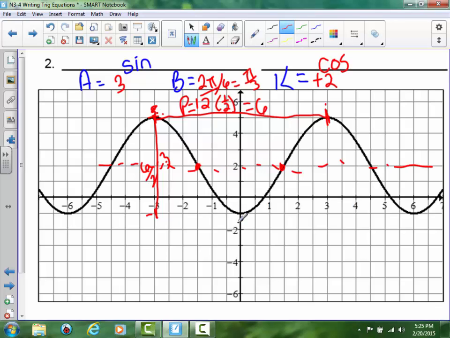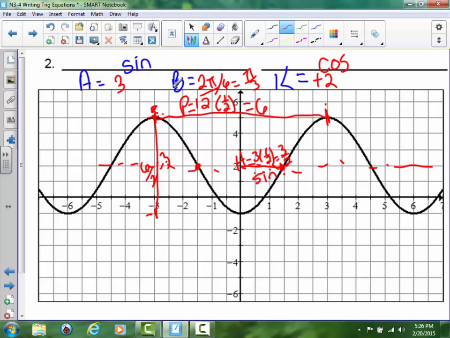So since I went to the left last time, I'm going to go to the right this time. All right, so from here to here is 1, 2, 3 half units, so that would simply be 3 halves, and that's my h value for sine. This is my sine starting point.